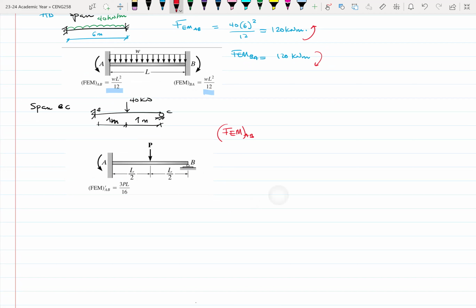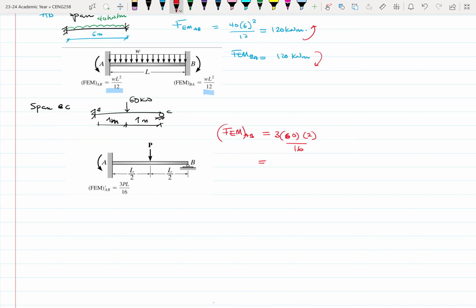So this then becomes 3, our P is 40, our L is 2, over 16. I'm hoping P is actually 40. Let me just go back and check. So you see P is 60, not 40. All right, so P is 60. Good that I checked.